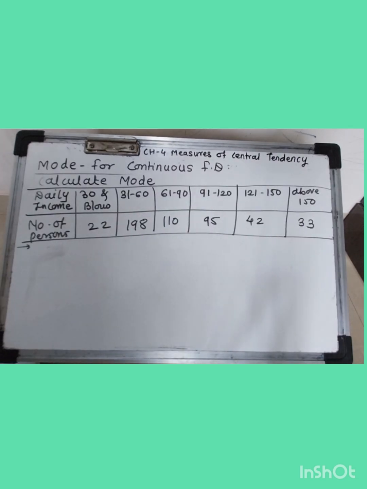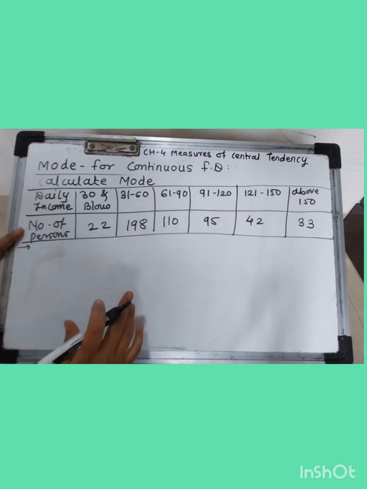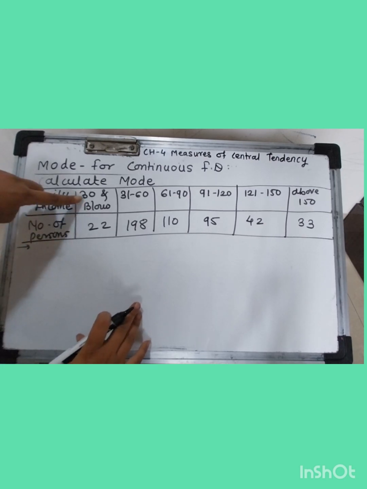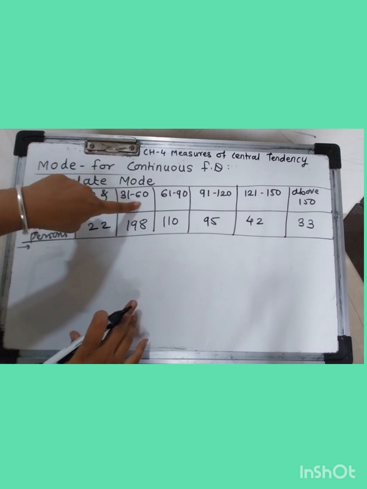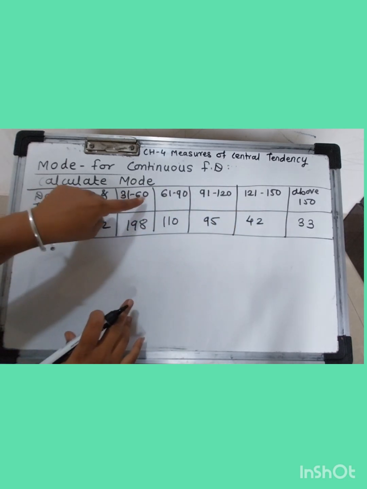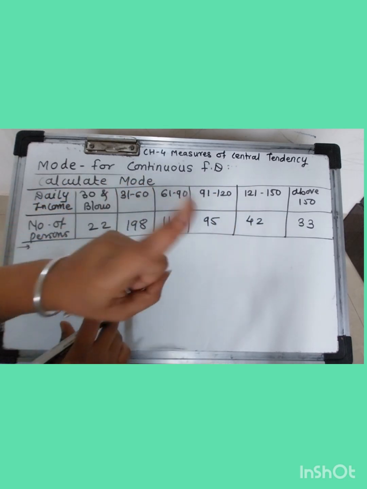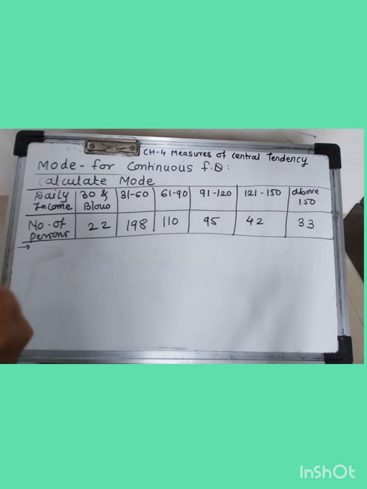This is the example. Calculate the mode. Daily income, number of persons. See the classes: 30 and below, 31 to 60, 61 to 90, 91 to 120. Here, between 60 and 61 there is a difference of 1. Now we apply the first step. What is the first step of mode?